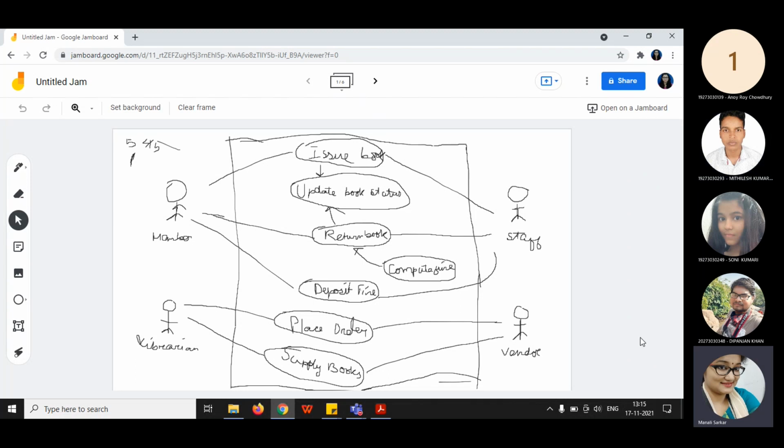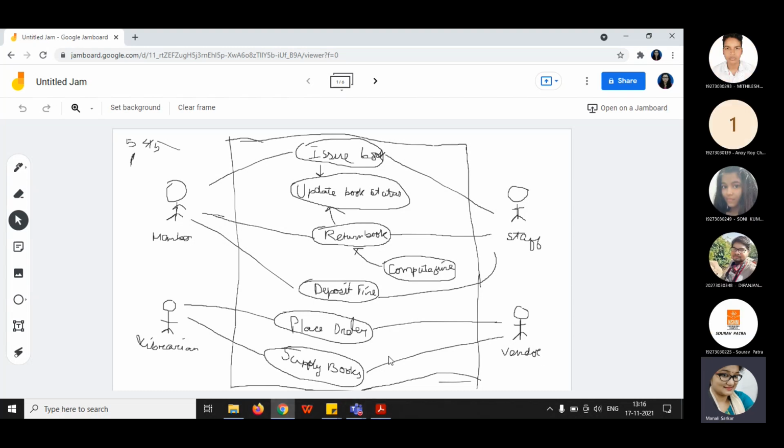Yes, ma'am. Okay, so we have discussed UML diagrams, and we have given one example of a use case diagram. In a use case diagram there are many simple concepts: actor, use case, association, dependency, and system. Here the actors are the members, librarian, staff, and vendor, and the system is enclosed in this rectangle.